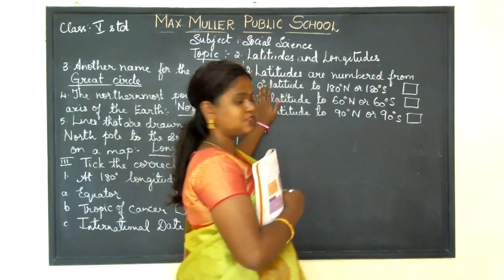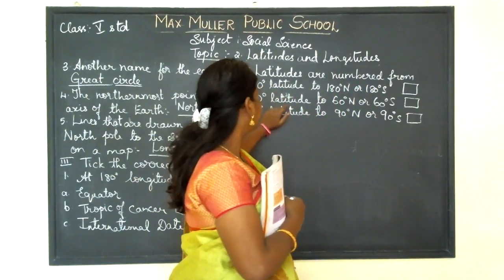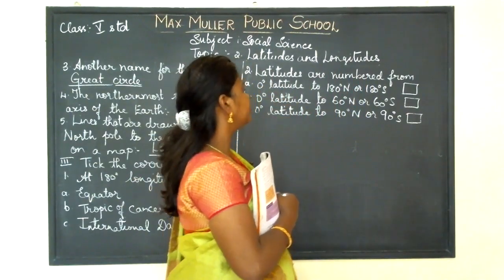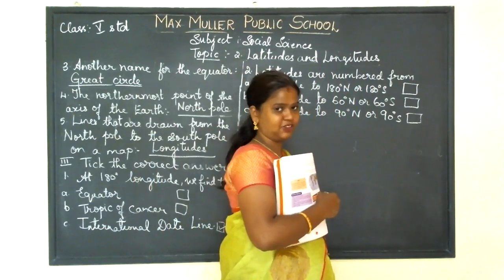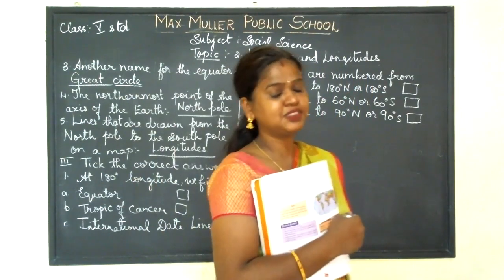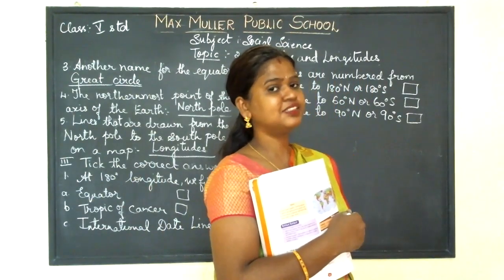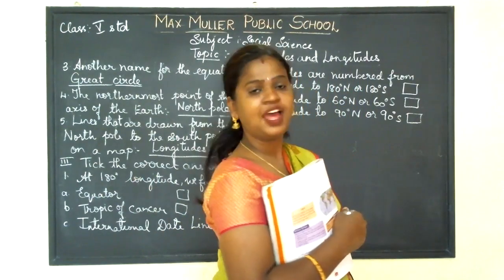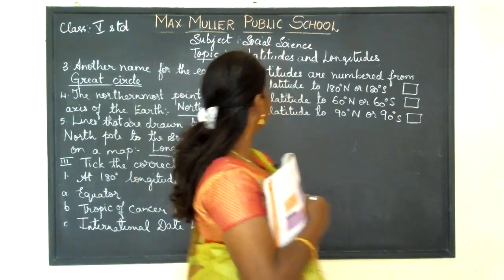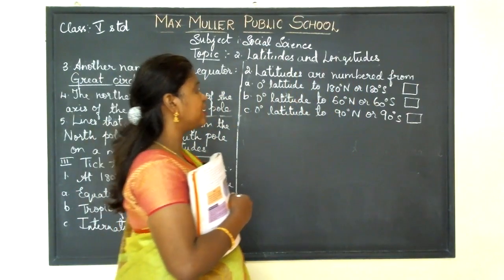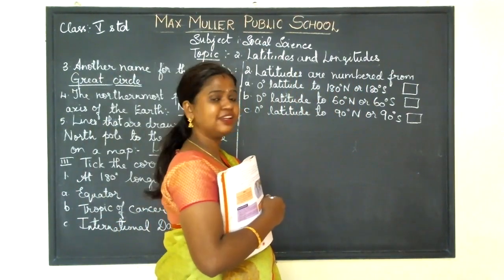So the first option is not the correct answer. And the second option is 0 degree latitude to 60 degree north or south. It doesn't go from 60 degree north to 60 degree south, so that is not the correct answer. The third option, 0° latitude to 90° north or 90° south.